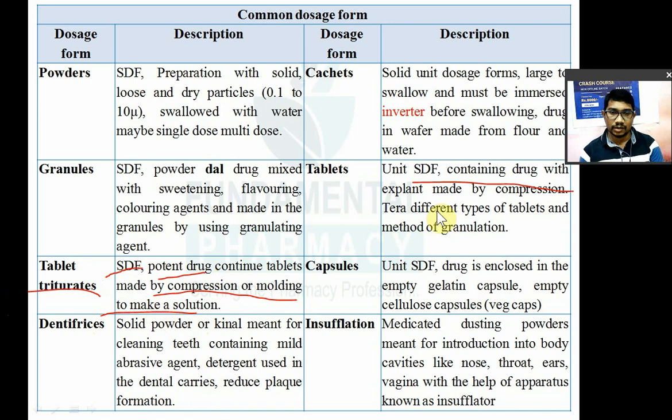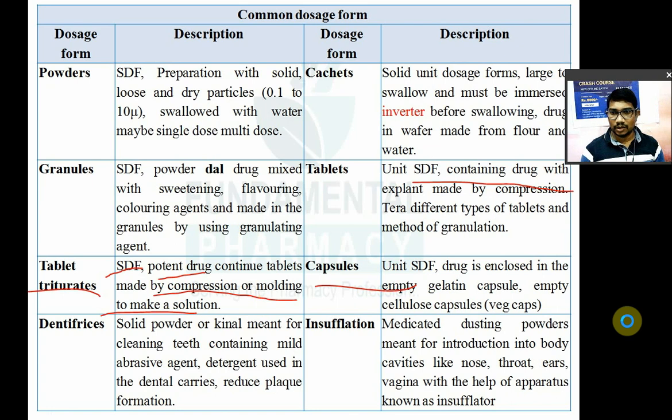Next is capsule. What does it mean? Again it is a unit solid dosage form in which the drug is enclosed in an empty gelatin capsule, which is very much inert in nature. That is known as a non-veg capsule. Non-veg, because where does gelatin come from? Gelatin is obtained from animal skin, pork and bones.